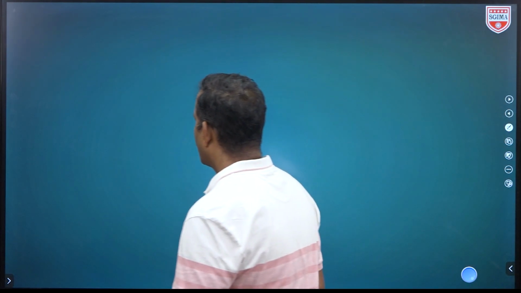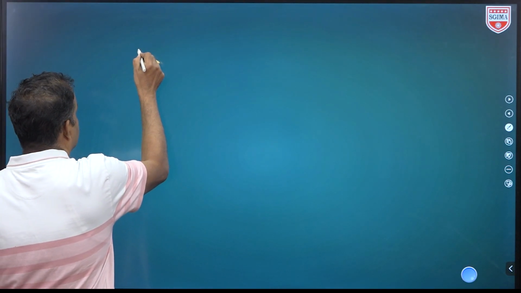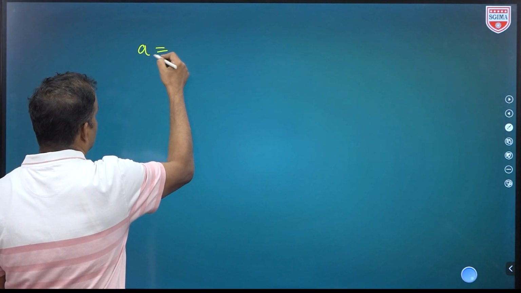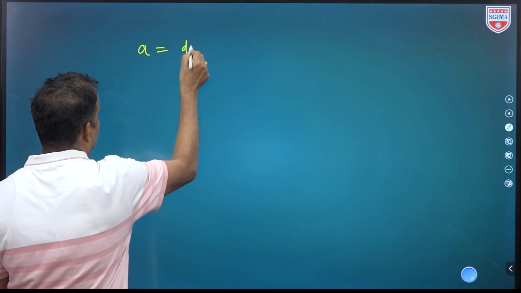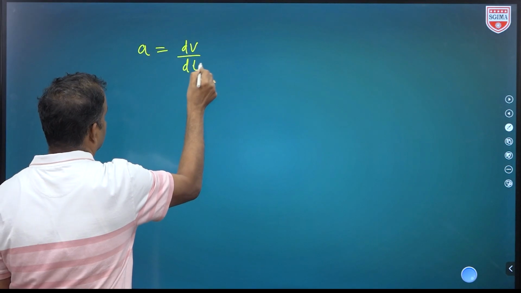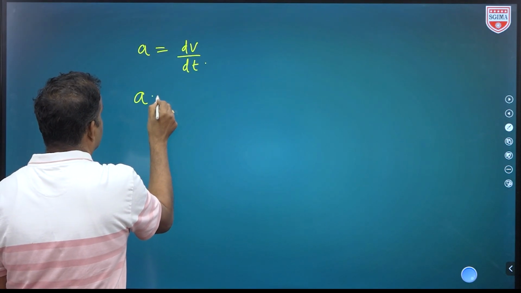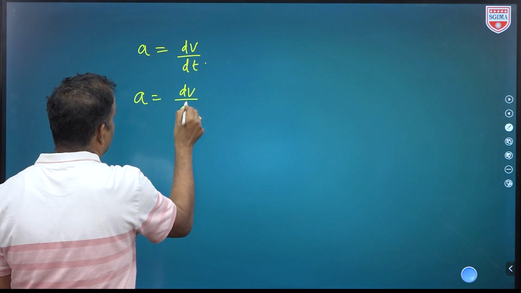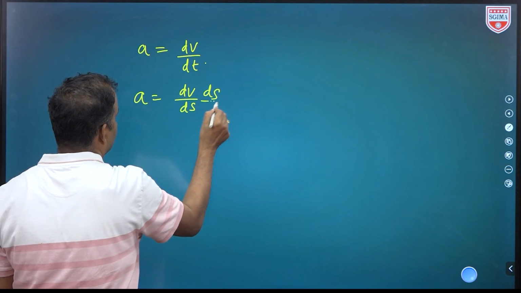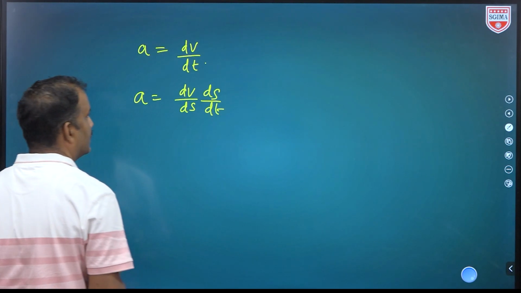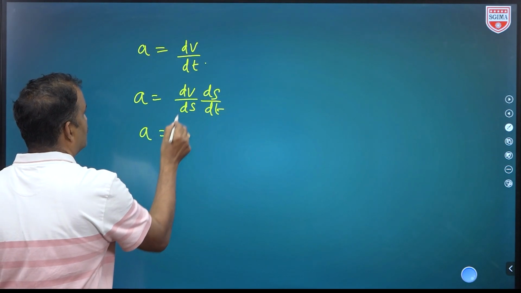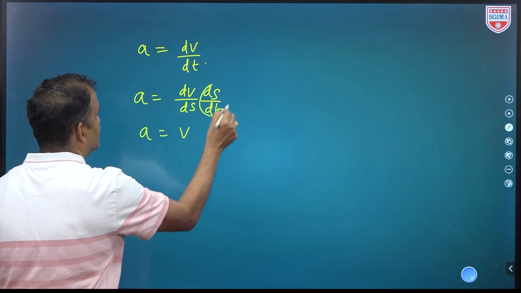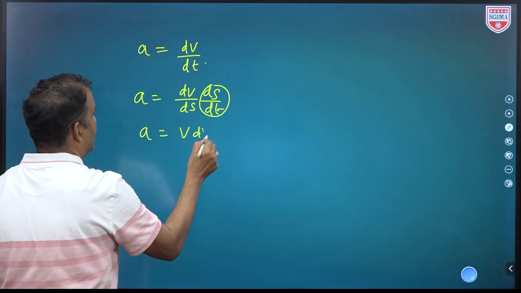Now, one more point, in calculus, calculus based problems we will discuss. We know that acceleration is equal to dv by dt. One more, acceleration is equal to dv by ds into ds by dt. So acceleration is equal to v into dv by ds, since ds by dt is v.